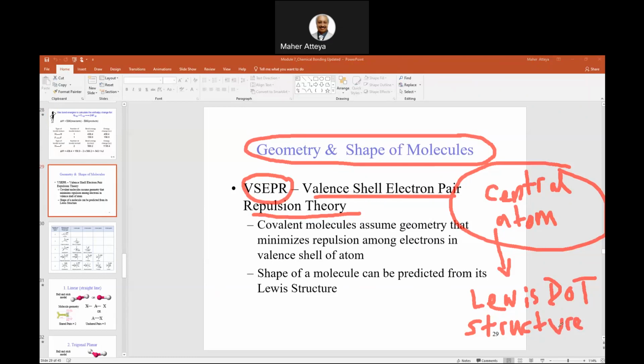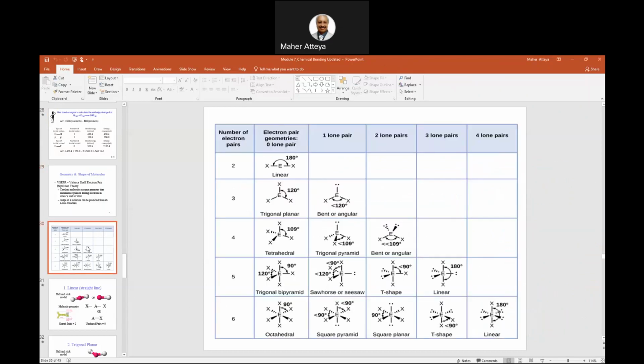And then we can have a table. This table will not come with you, you are not allowed to use it in the final exam. However, for the exam here and the quiz, you can use it. You can print it out, because that will help you to determine the shape, correct?